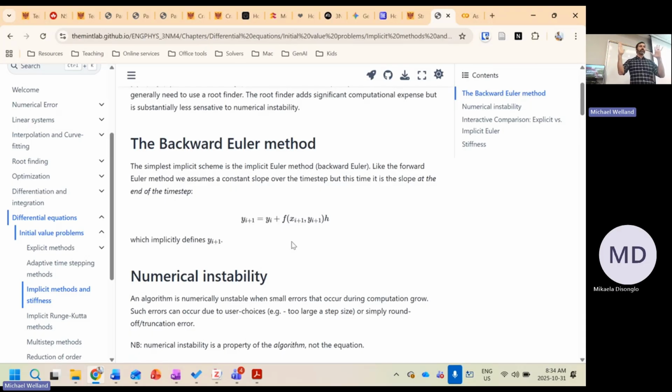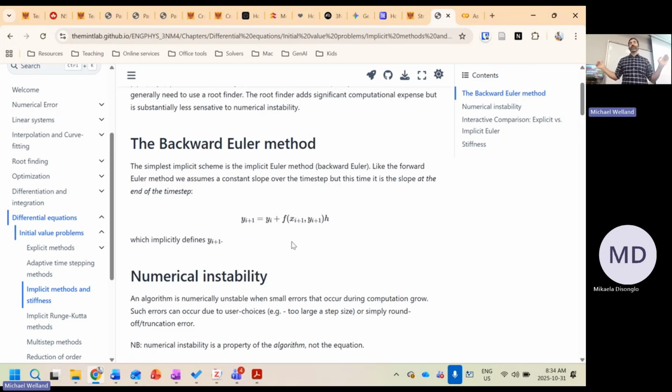But generally speaking, that time step is going to be super, super small compared to your implicit methods, where what you do is you start off at this time and you say, what is the answer over here? Consistent with that one, right? So it's a little bit of a twisted way to look at it, but at least the naming is good. It's the backward Euler method because you're looking backwards.